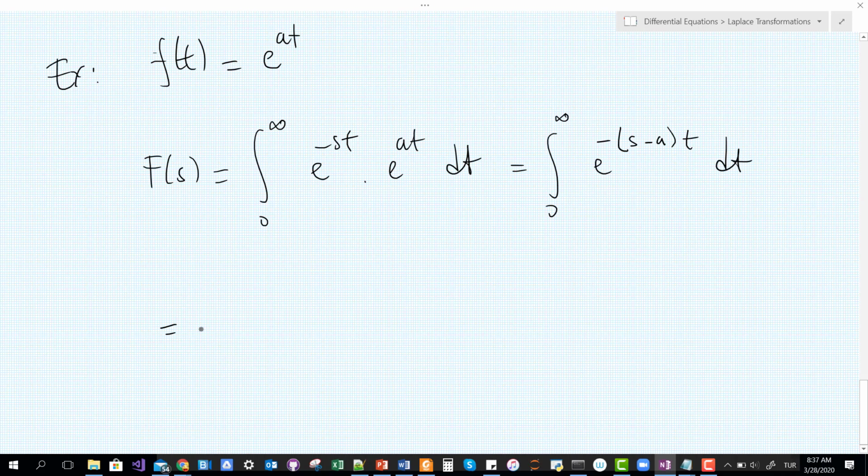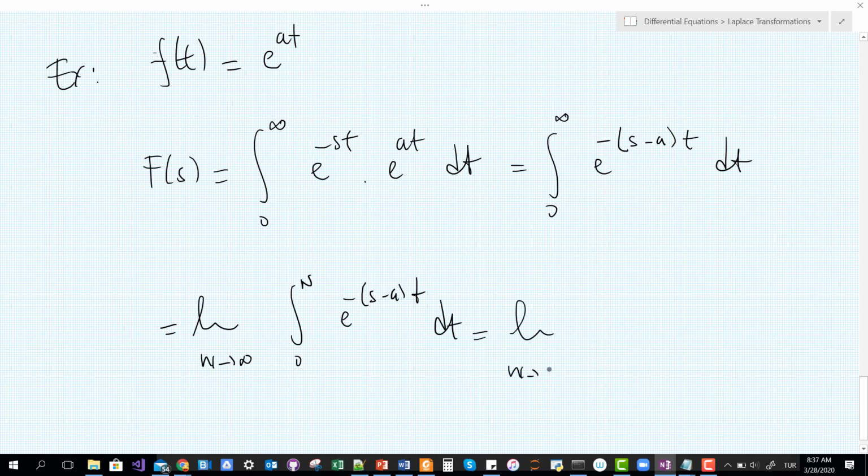Okay, now it is time to use the improper integral definition: limit when n goes to infinity, 0 to n, e to the negative s minus a times t, dt, and the integral will be equal to e to the negative s minus a times t over negative s minus a, and then my bounds are the same, 0 to n.